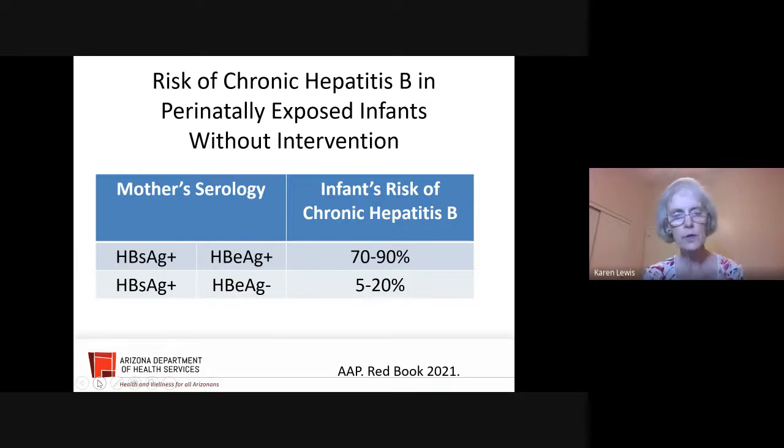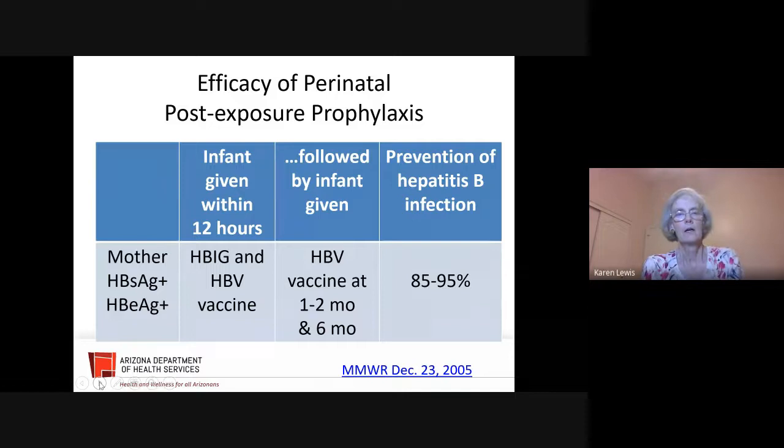But we still treat all children born to moms who are hepatitis B positive as having been exposed and needing to be protected as quickly as possible. Perinatal post-exposure prophylaxis is very helpful.